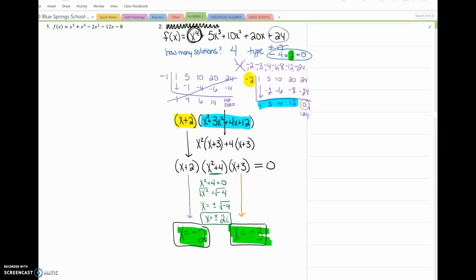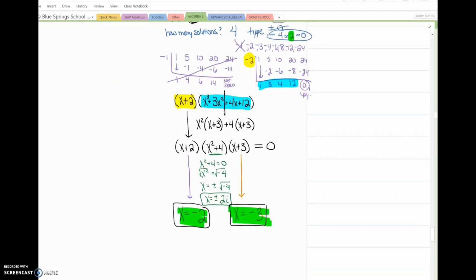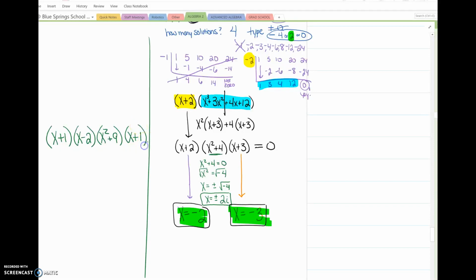The one thing I do want you to write down over here, what if we factored something and we ended up getting these 4.